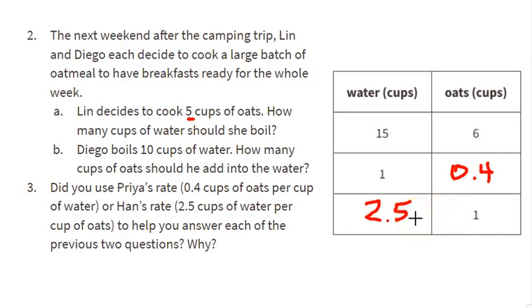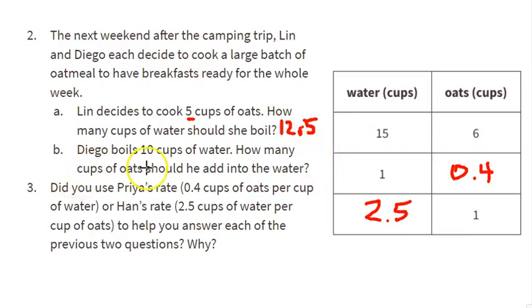So for per 1 cup of oats, we want to find the water. So 5 times 1 gets us the 5, right? So we have to take the 2 and 5/10 times 5, 12 5/10 or 12.5 cups of water.